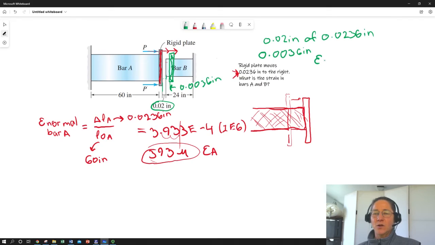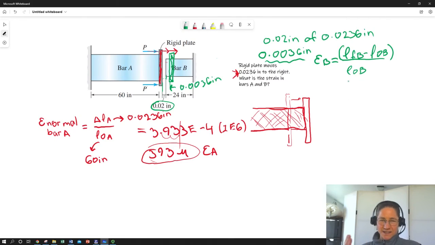So if we look at the normal strain of B, we can say the final length of B minus the original length of B divided by our original length of B. The final length is going to be shorter than the original length, and it's going to be shorter by 0.0036 inches. So the distance of travel of the rigid plate minus the gap that it had to travel to begin to impinge on bar B is actually the compression, or the negative stretch, we'll call it.